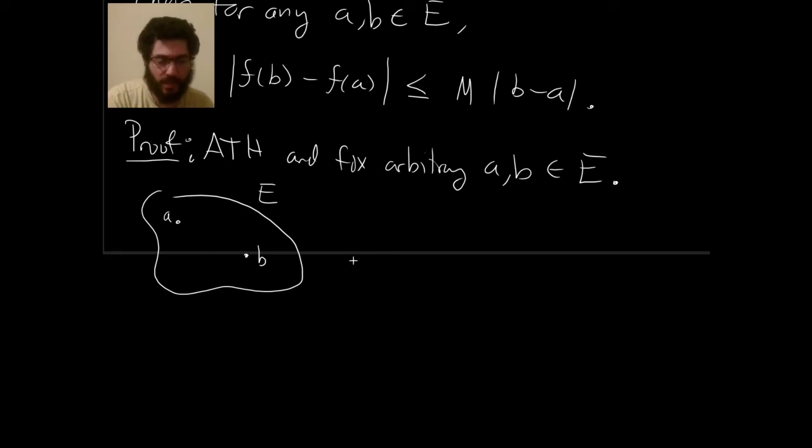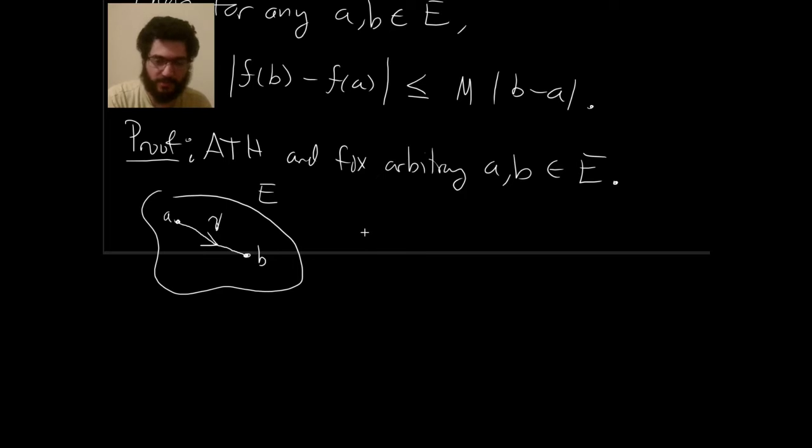So I cannot apply the mean value theorem for the two reasons I described. One of those issues can be remedied. I can focus on a function of just one variable if I focus on the line segment joining A and B. So let's focus on that line segment, and let's call that gamma.